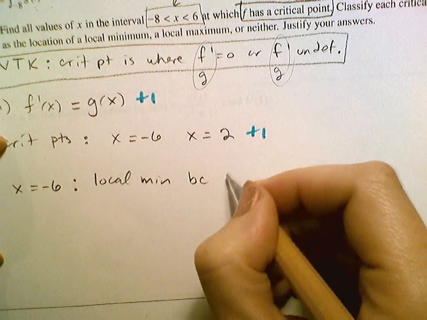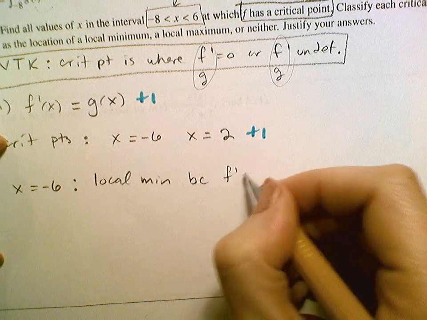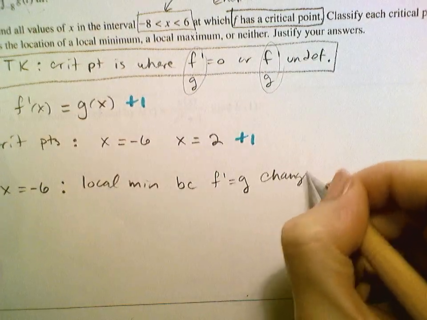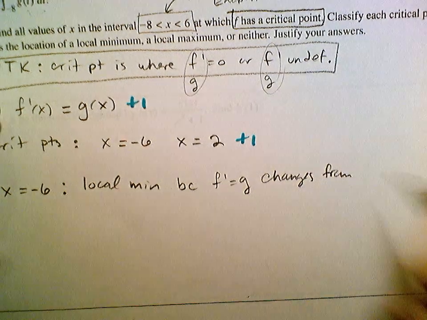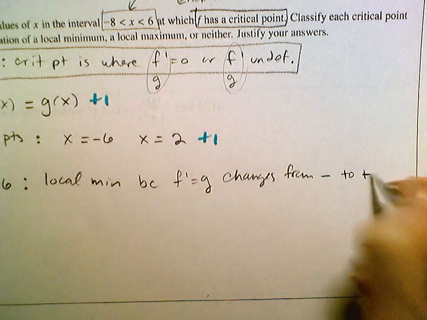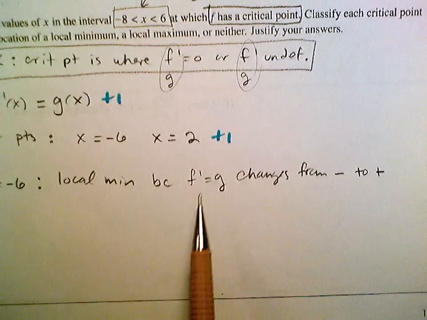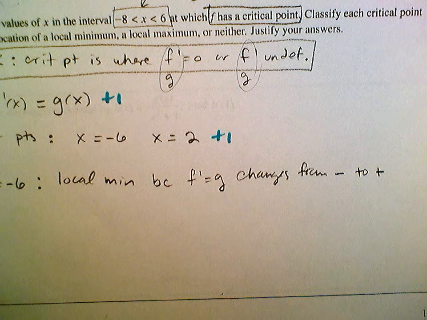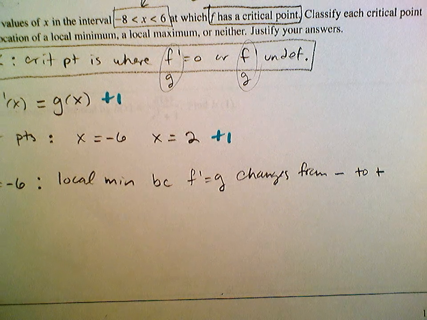Because f prime, which is equal to g, changes from negative to positive. Guys, you can't just say because it changes from negative to positive. You've got to be really super clear about what changes from negative to positive.